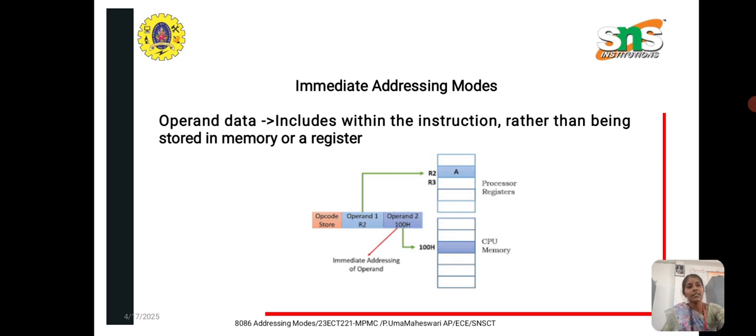In this image, you can see there is no address field, and the efficiency is higher because it avoids the overhead of fetching the operand from memory. It is in a limited range, meaning the range of the immediate value is limited by the size of the operand field of the instruction.